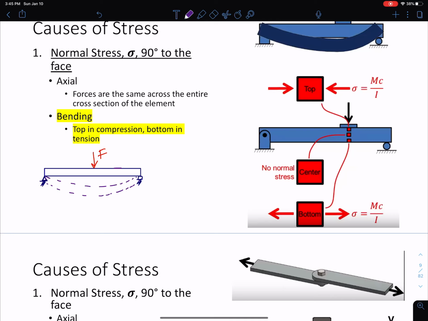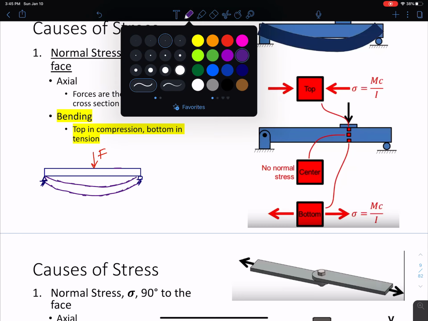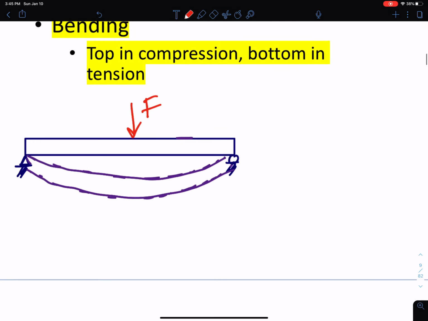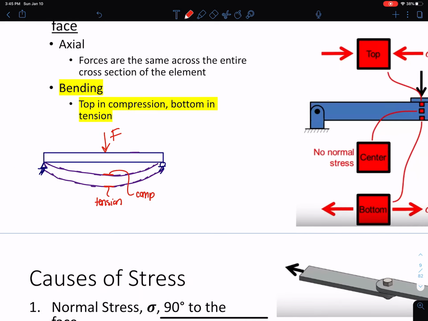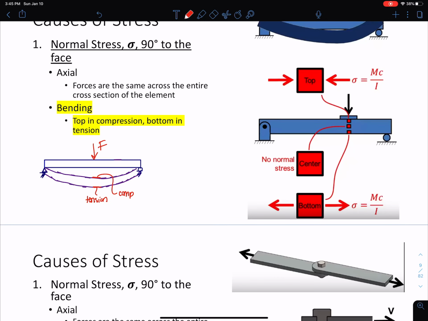And I draw it in an exaggerated form of what that would look like when it's loaded with the force P. So if you guys were to look at this, do you see how when I'm loading this, I'm experiencing some rotation, I'm bending, and the top fibers of the beam are in compression, but the bottom fibers of the beam here are in tension, right? So I have compression and tension, okay? That's what I mean here by bending, top in compression, bottom in tension.